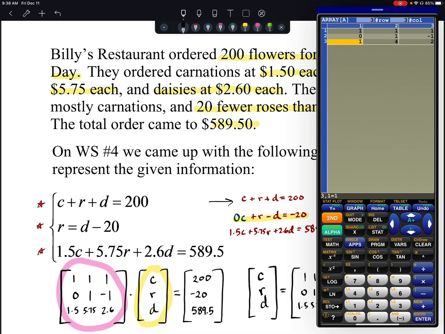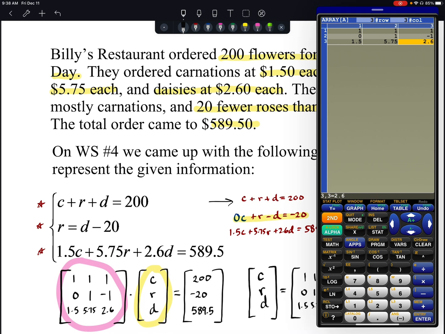And then we have 1.5, 5.75, and the last one there, 2.6. Just wanted to make sure I didn't make any boo-boos on there. So we're going through it. So that is all in there.